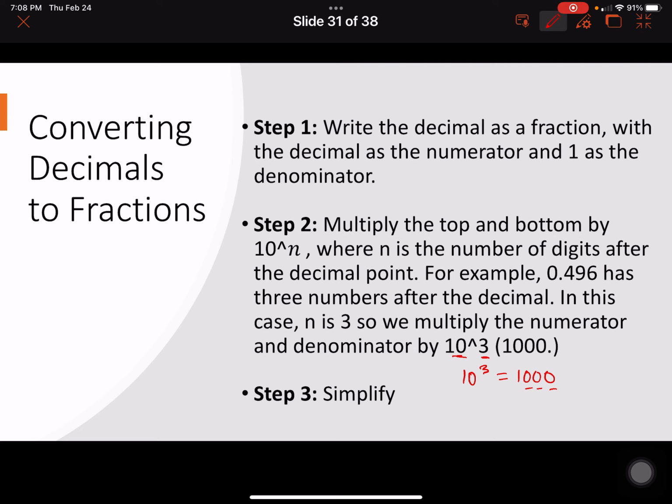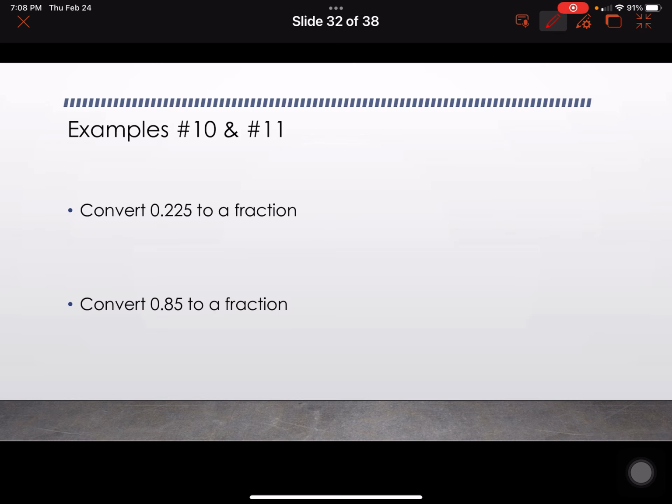Let's look at an example. Take a moment to pause the video, see if you can convert these decimals to fractions. For this first one, we start by putting 0.225 over 1, and then we're dealing with 3 decimal places, so we want to multiply both the top and bottom by 10 to the third, which is 1,000.